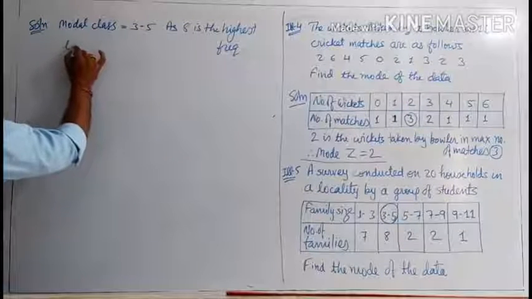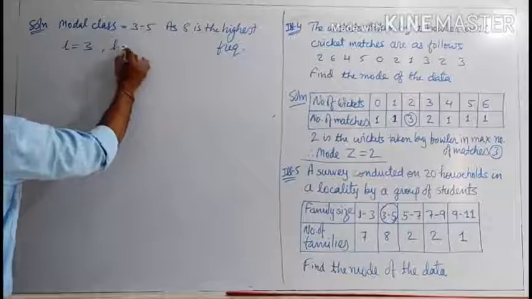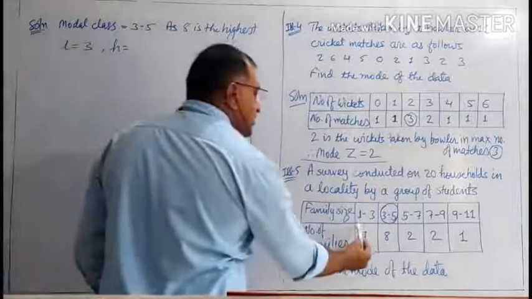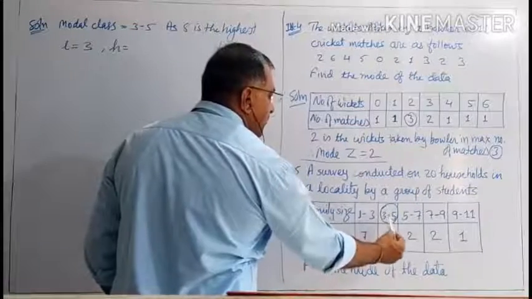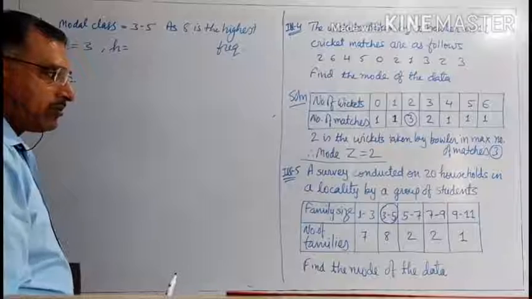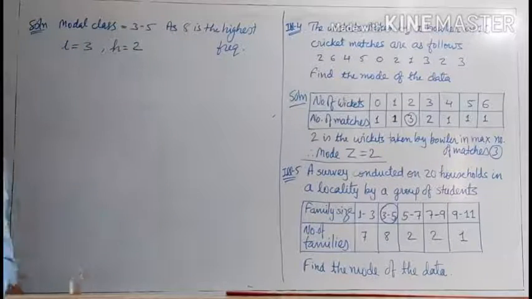Now the lower limit of the modal class is 3. Width of the class: here you can see 1 to 3, 3 to 5. Either you take consecutive upper boundary points or lower boundary points, the difference is 2, and that is called height.